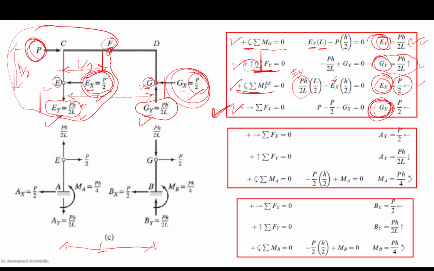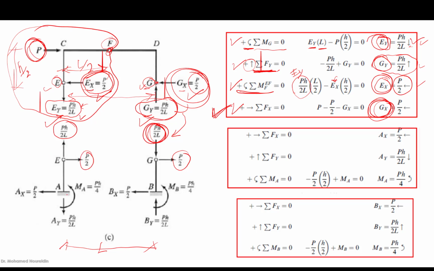Okay? If we know them, then we are going to reverse them to the bottom half of the bay. So here it is going to be PH over L, and here it is going to be P over 2. This is heading to the right, opposite to GX. This reaction is heading down, opposite to GY, which is heading up. In a similar fashion, we have here PH over 2L heading up, P over 2 going to the right.